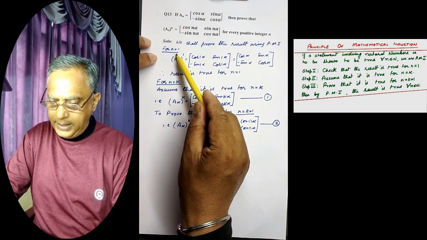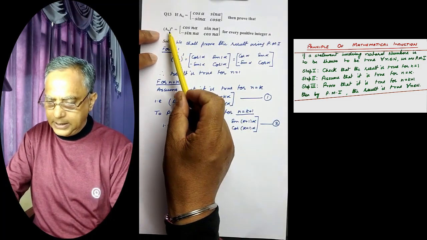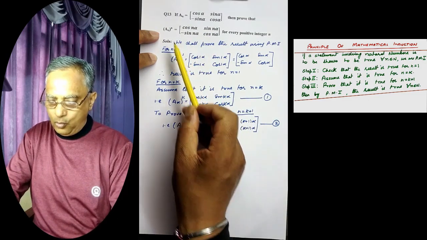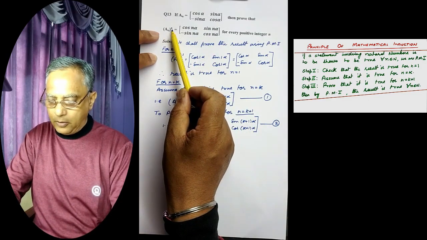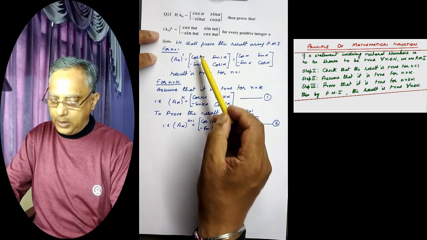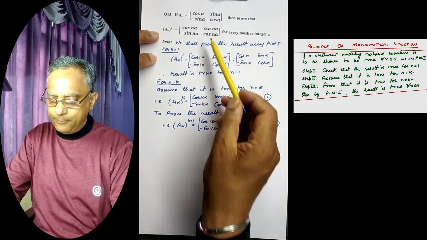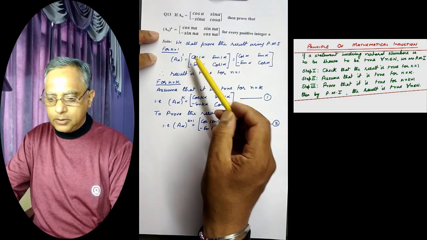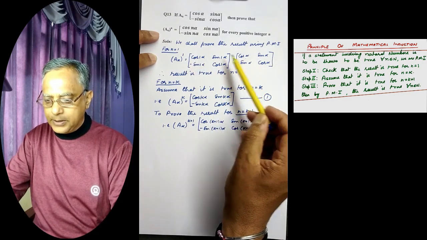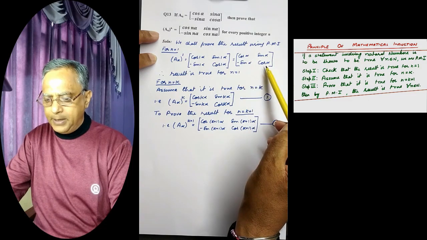For n equal to 1, put n equal to 1 here. This is the result to be proved. N equal to 1, this is A alpha to the power of 1 is cos 1 alpha, sin 1 alpha, minus sin 1 alpha, cos 1 alpha. Cos 1 alpha is cos alpha, sin 1 alpha is sin alpha, simple.